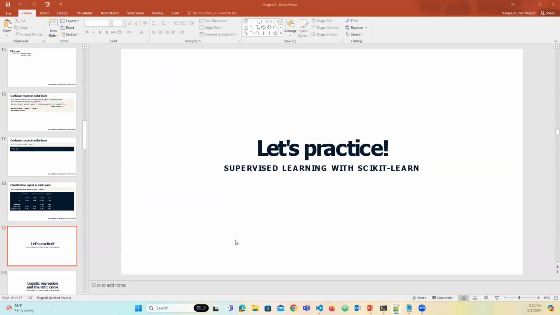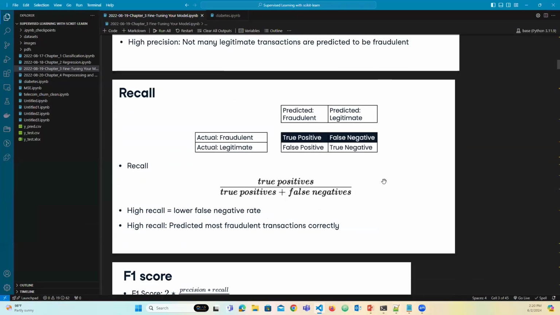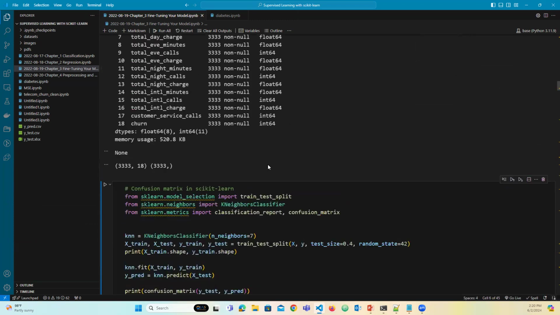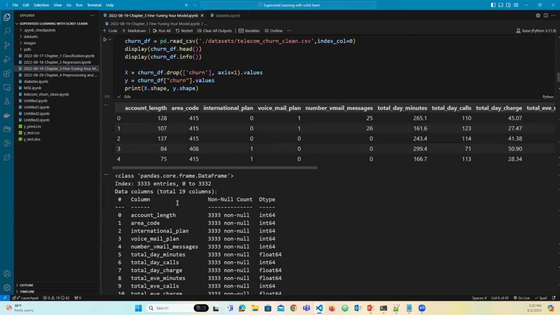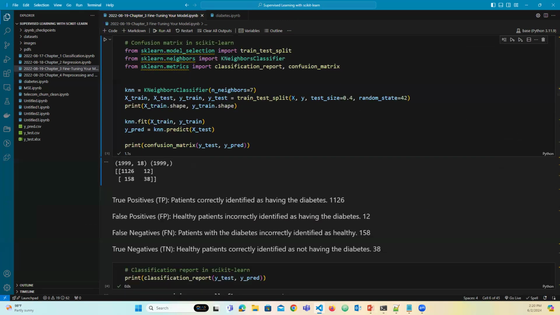Now, let's practice. So the same data set I'm taking here, the churn data set. This is the data set, and we see the confusion matrix.